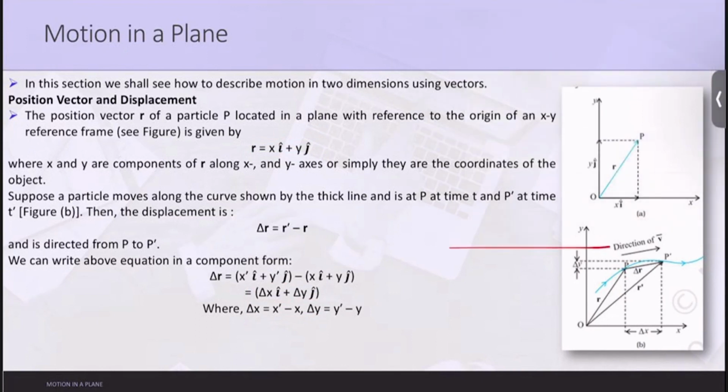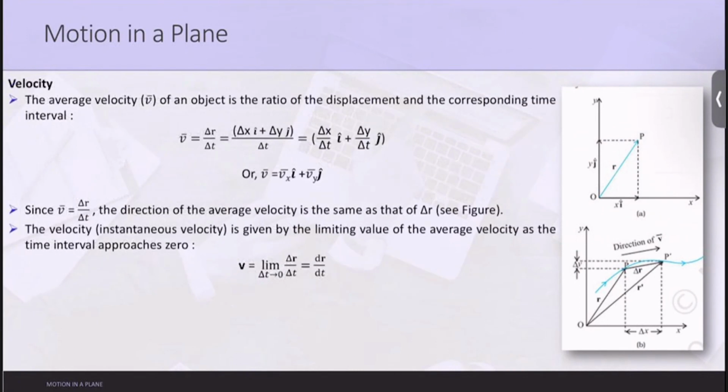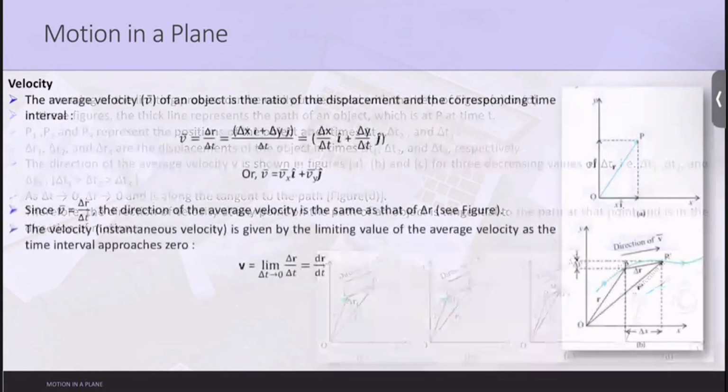We also understood in the previous discussion the velocity concept. Velocity is basically v bar, delta r by delta t, which is equal to vx i cap plus vy j cap. In similar terms, you also understood the instantaneous velocity, which came out to be equal to dr by dt.